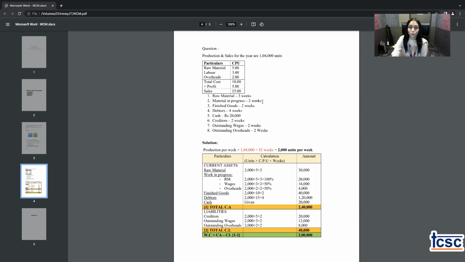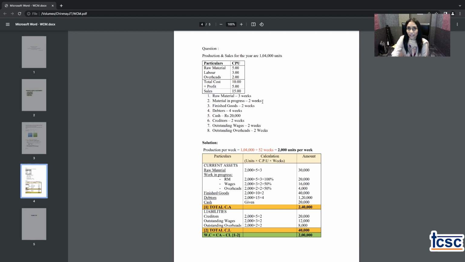Next, they have told that cash is to be maintained of rupees 20,000. So whatever amount they have given, we will be taking as it is, as cash of 20,000 rupees. Next, creditors 2 weeks. What does that mean? The creditors from whom we purchase raw material, students, for them we give the payment after 2 weeks.